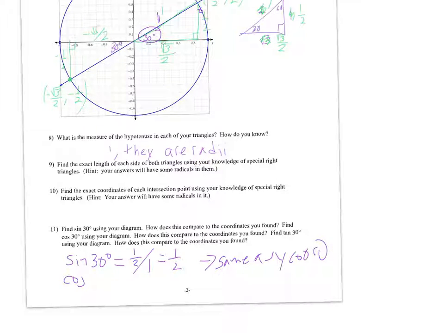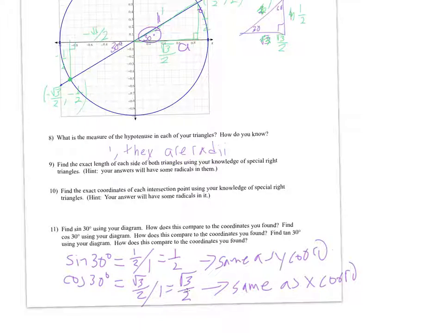Cosine of 30 is adjacent divided by hypotenuse, root 3 over 2 over 1, which is just root 3 over 2, and that's the same as the x coordinate. That's kind of interesting for us to notice.